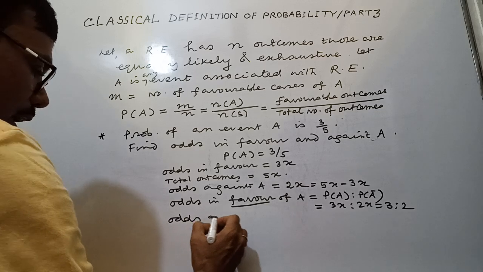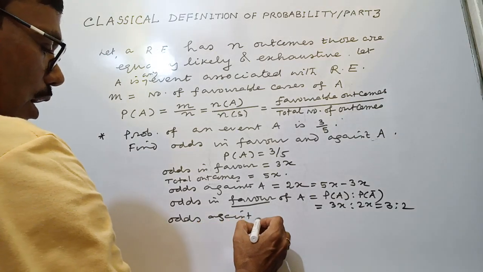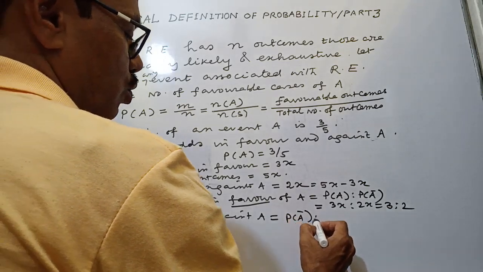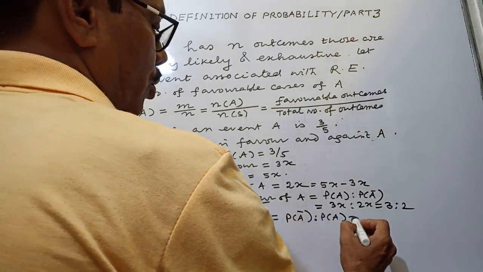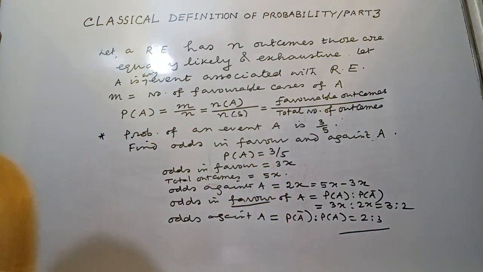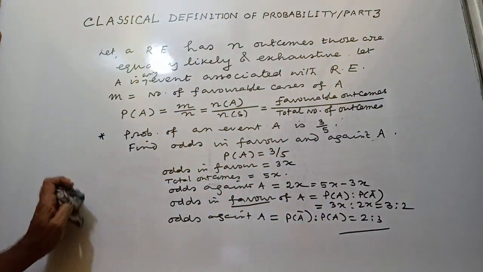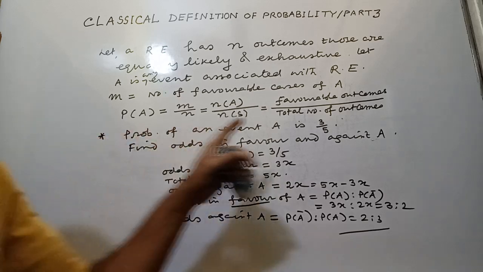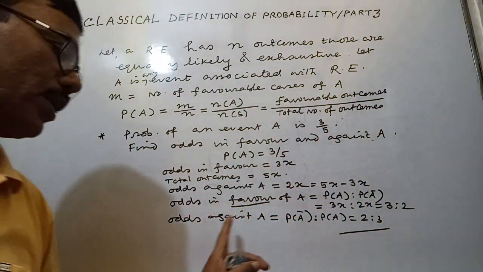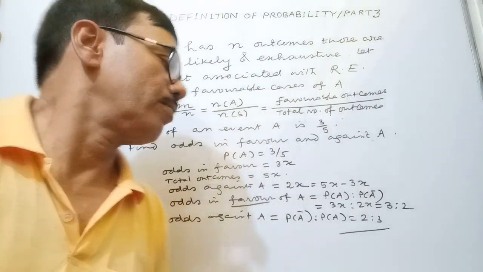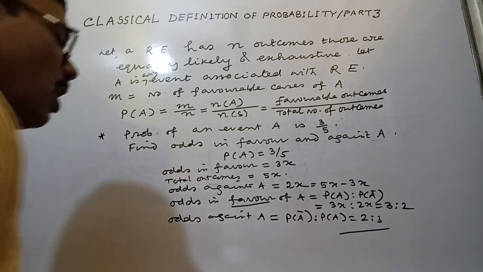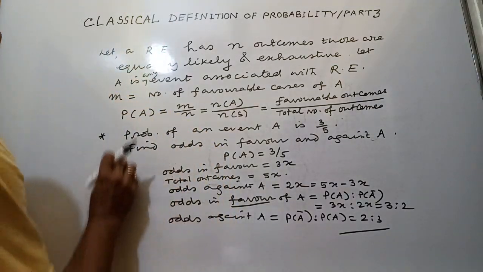Odds against A equals P(A bar) is to P(A). So 2 is to 3. It will be reversed. So these are basic 1 mark problems. If probability is given, you can find odds in favor of A and odds against A. And in the second one, odds are given and you have to find probability.